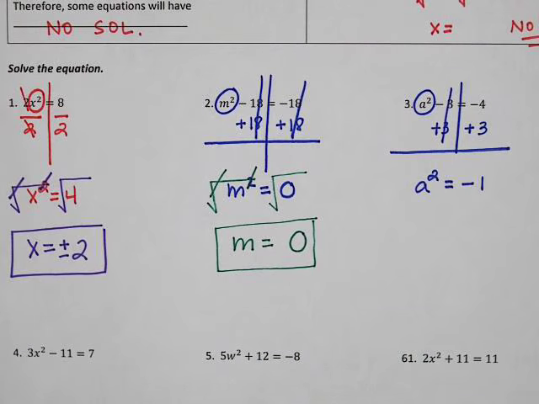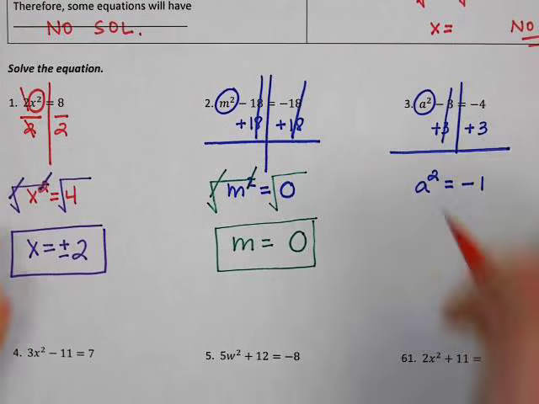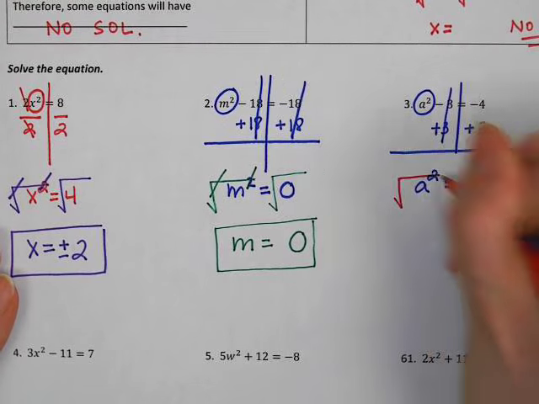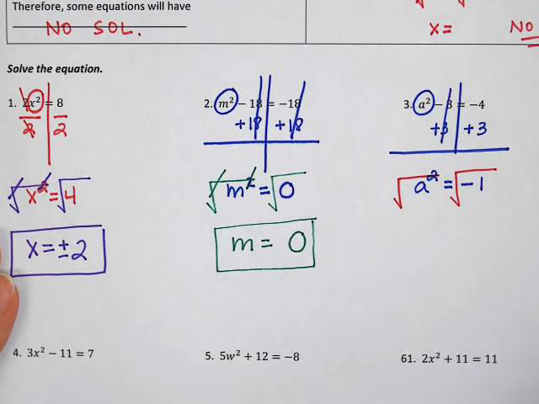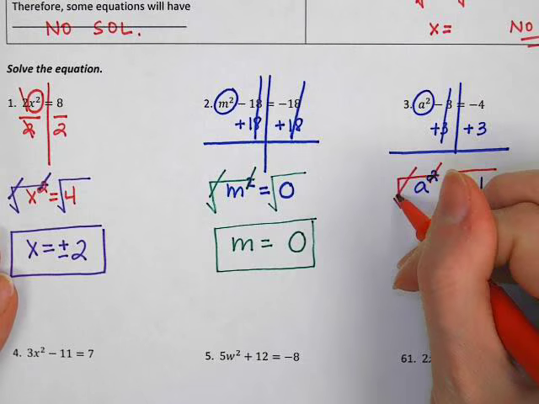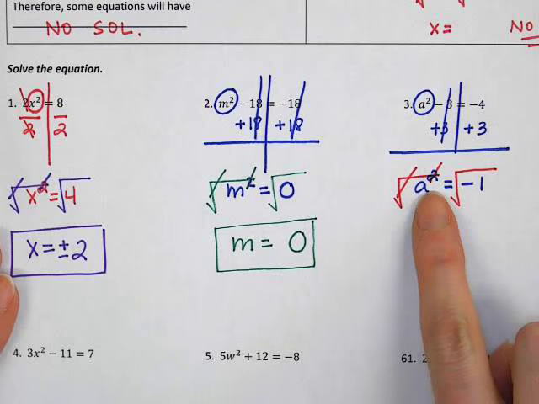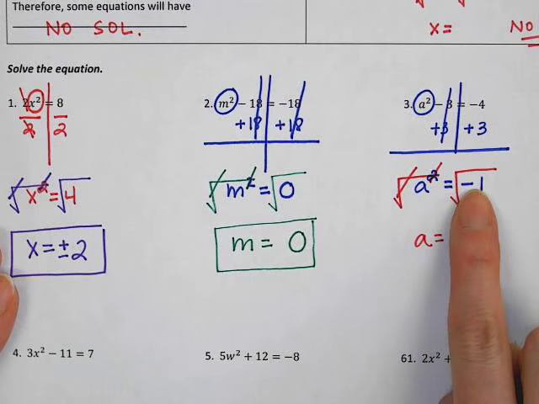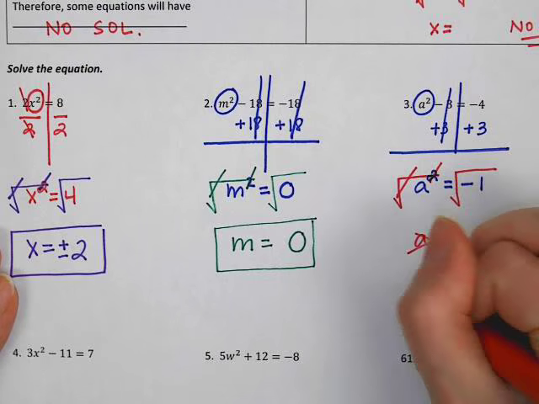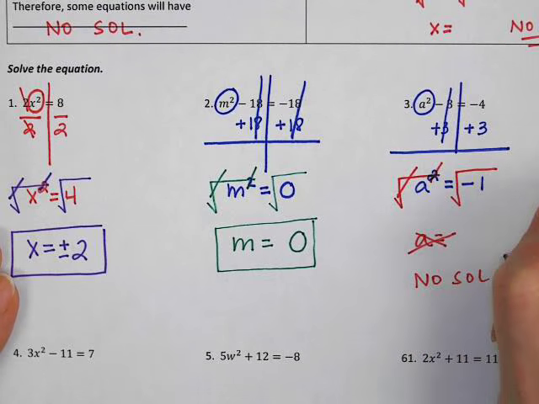To solve, when you have a squared equals a number, we square root both sides. Squaring a square root cancels, you get a. But remember what we said. When you have something squared equals a negative, you are going to get no solution. So actually, we can stop right here and say no solution.